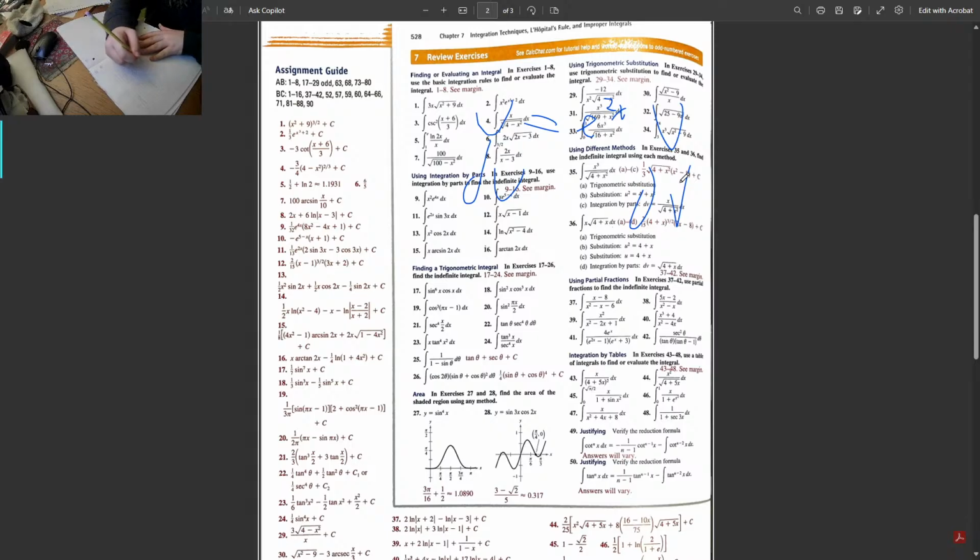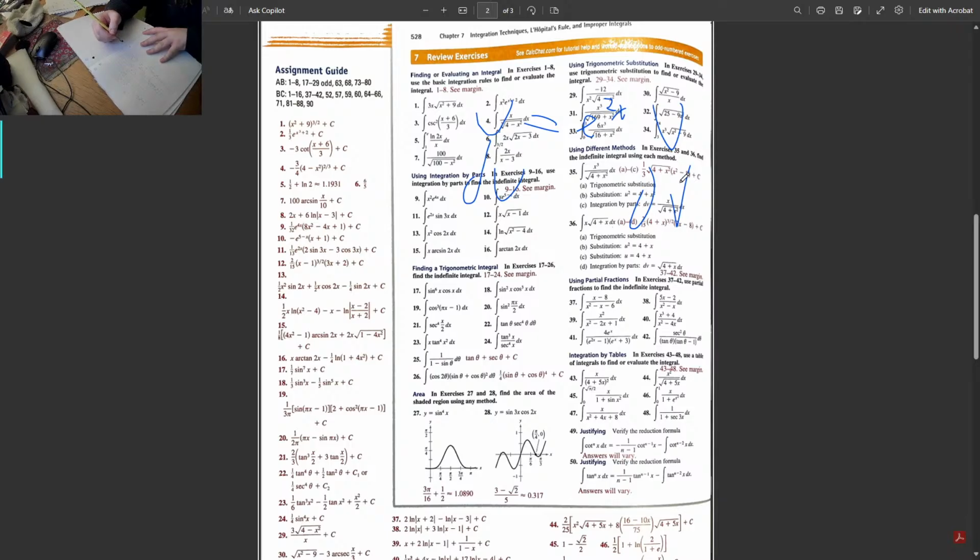And then du is 2e to the 2x. Okay, so the integral of e to the 2x sine 3x dx equals uv, so that's negative 1/3 e to the 2x cosine 3x, minus the integral of v du.